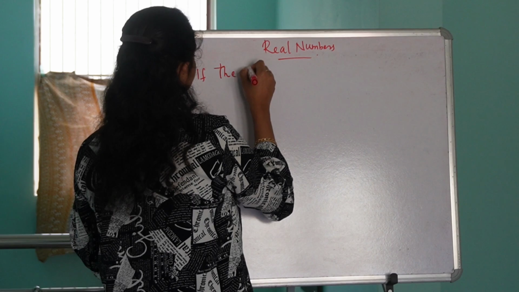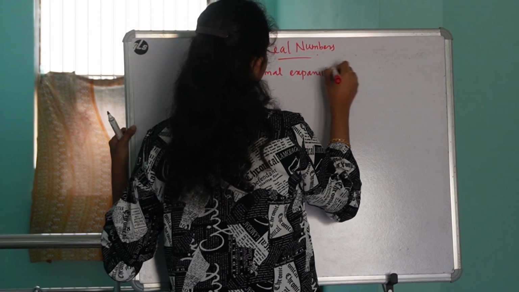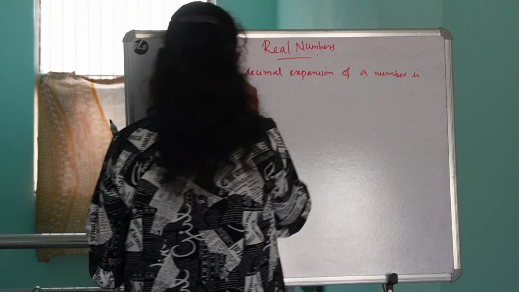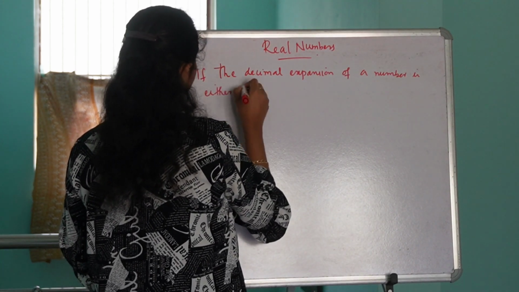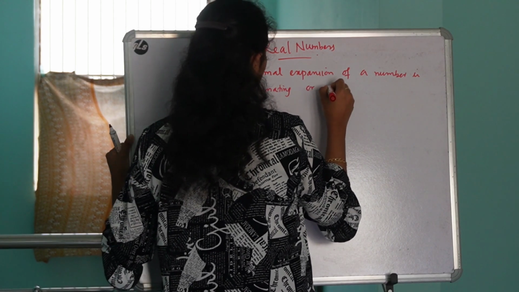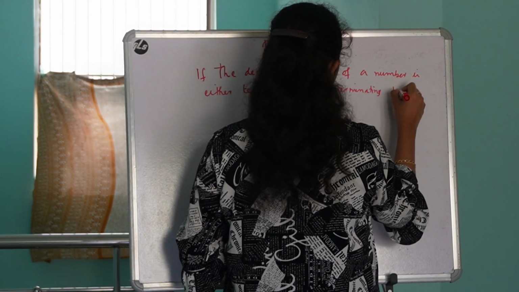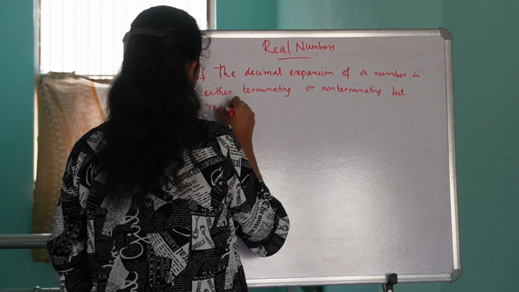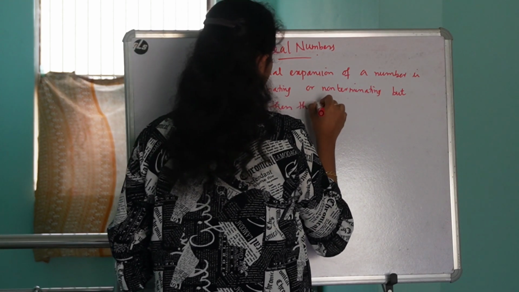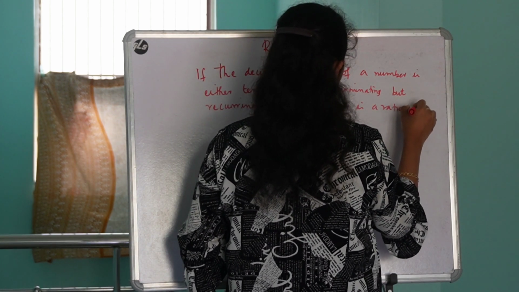If the decimal expansion of a number is either terminating or non-terminating but recurring, then the number is a rational number.